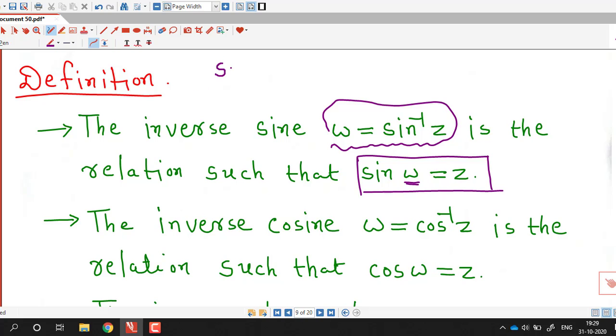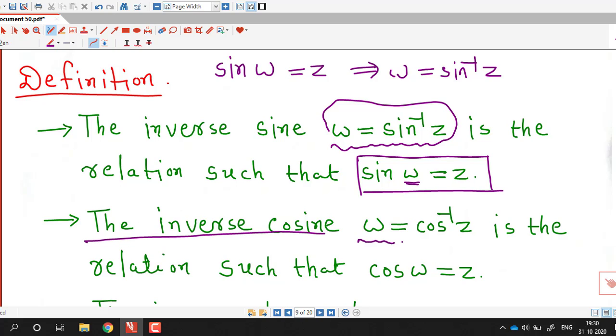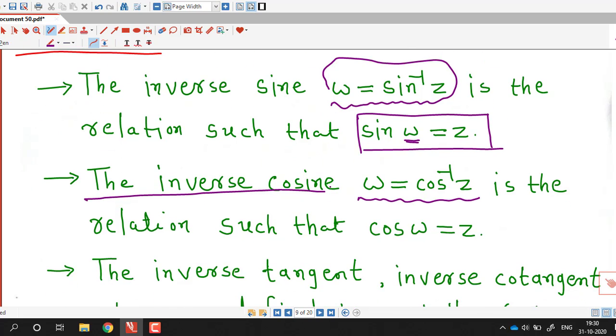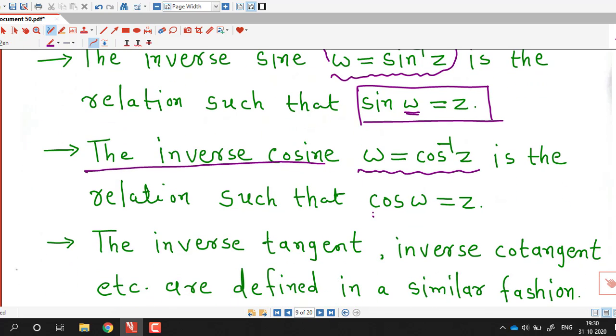This is the way we define it. If sin w equal to z, then w is nothing but sin inverse of z. Similarly, the inverse cosine w equal to cos inverse z is the relation such that cos w equal to z.